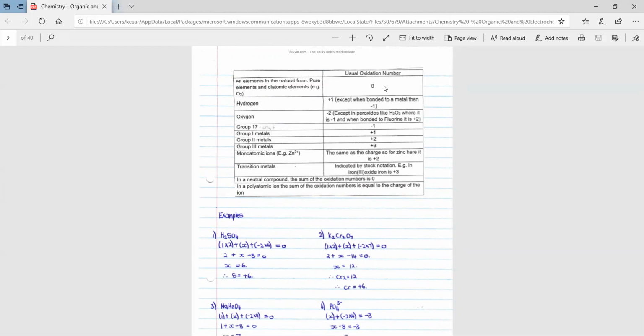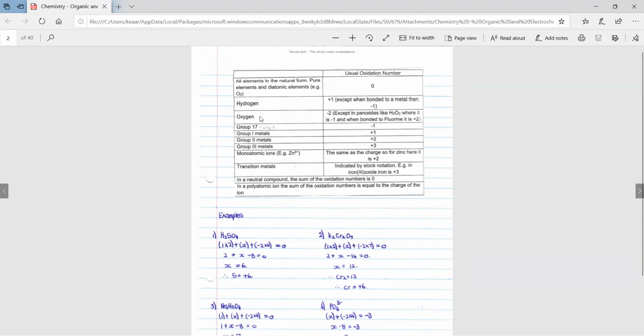So this is not diatomic hydrogen, it's just one hydrogen atom. Then you generally have +1 as your oxidation number. The only exception is when it's bonded to a metal, it will have -1. The majority of the time, hydrogen will have +1 as its oxidation number.